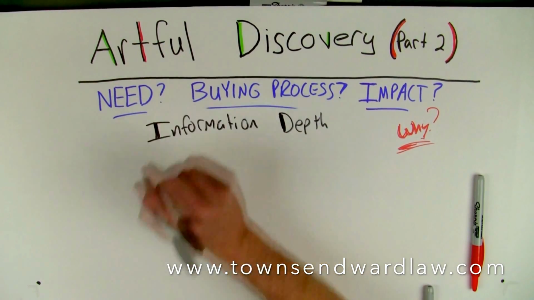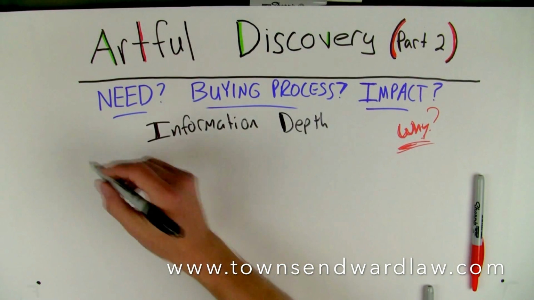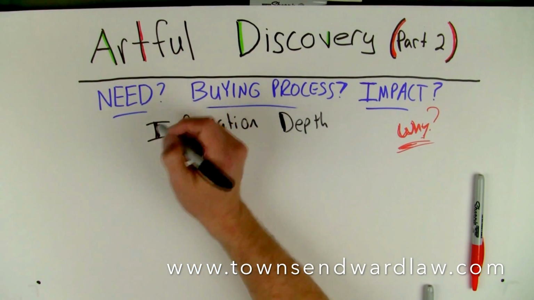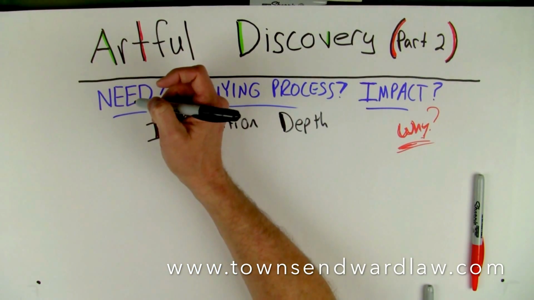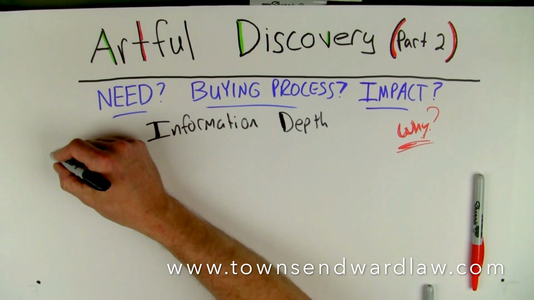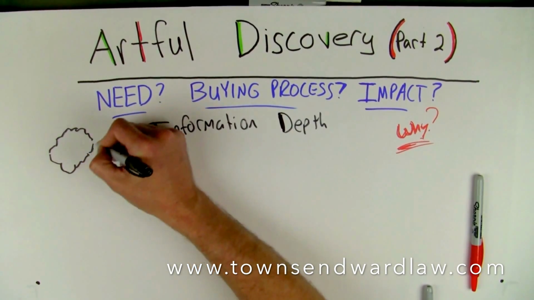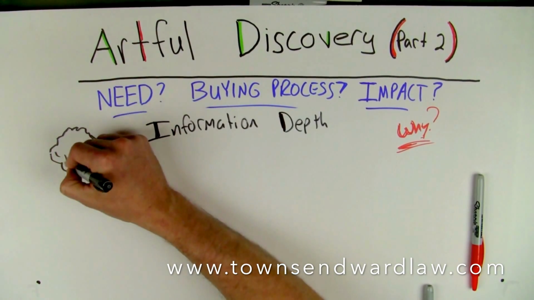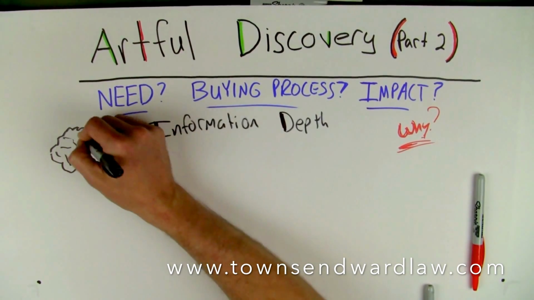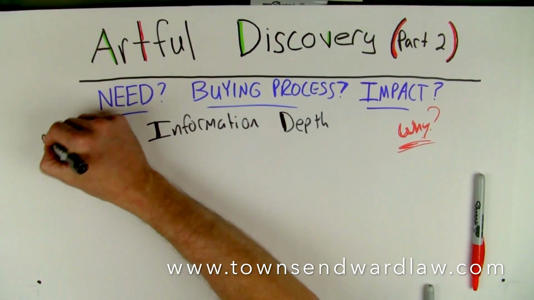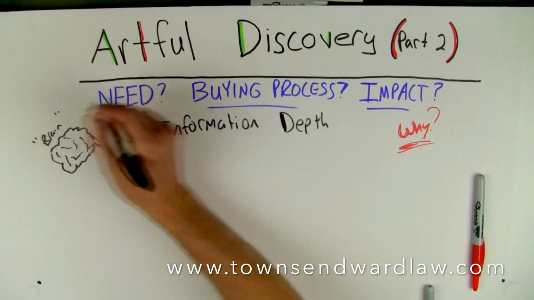Oftentimes when a prospect comes to us and says, hey, we're looking to do something, it's represented as a corporate initiative, and it's represented as something that has got to happen and is important, has the CEO's attention. There are all these sort of heavy buzzwords. This is supposed to be a brain, just so you know, and apologize in advance.